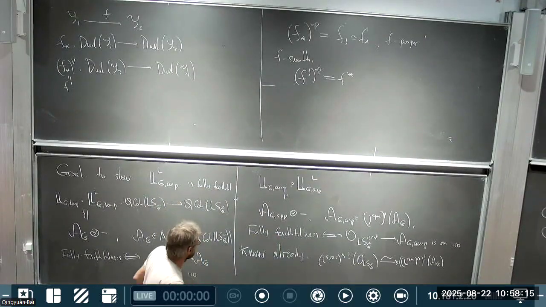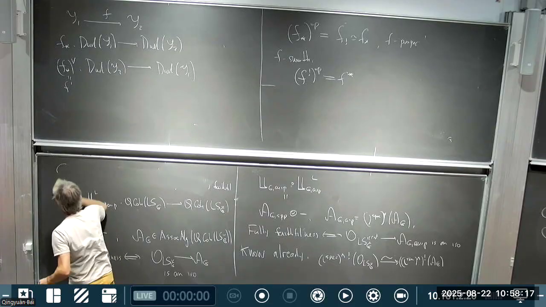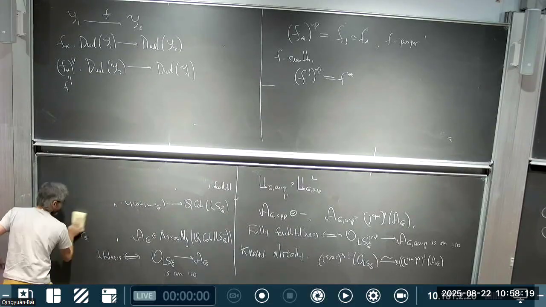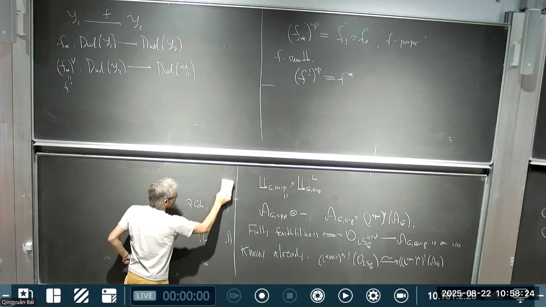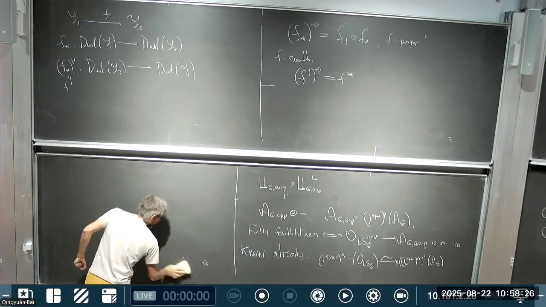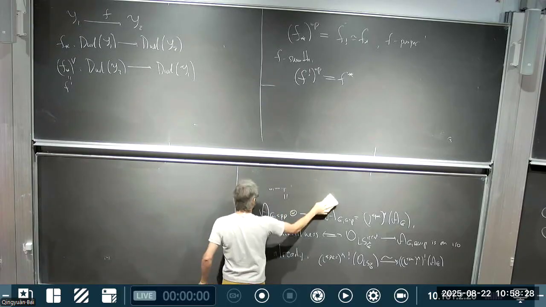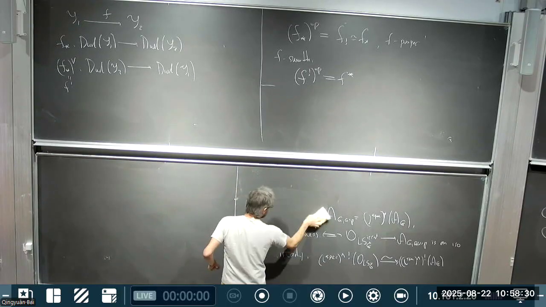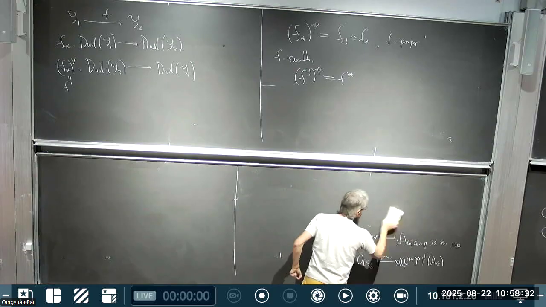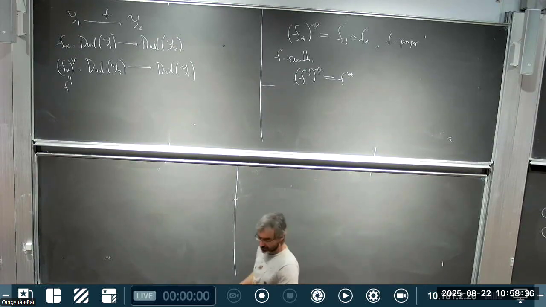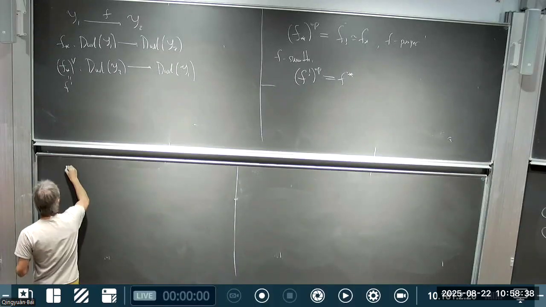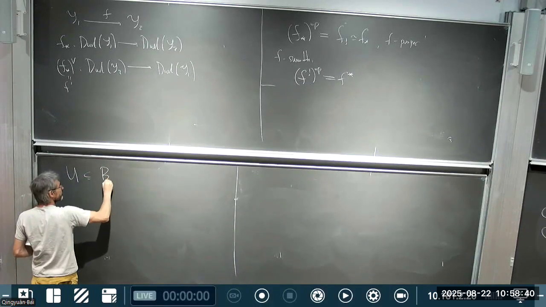So why do we talk about duality? Let's take U to be a quasi-compact open inside Bun_G.